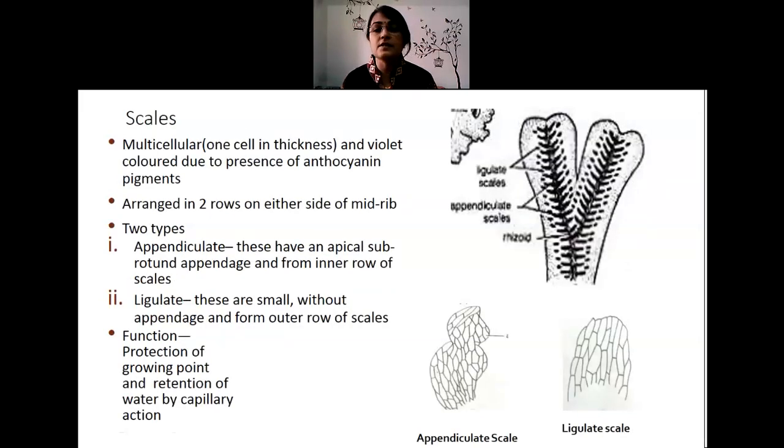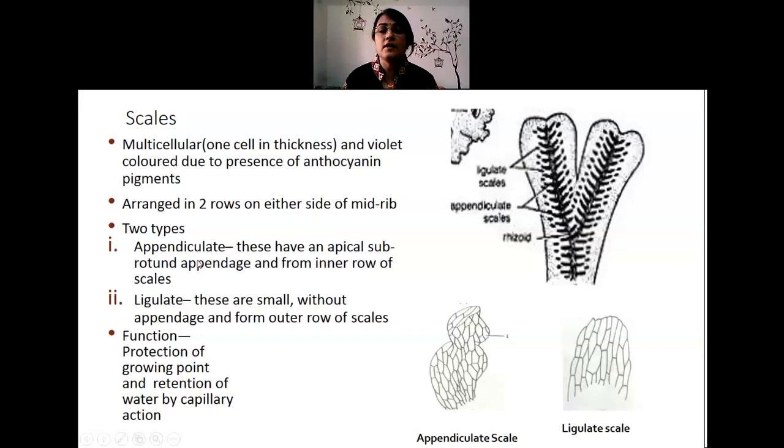The other appendages associated with the midrib region are the scales. These scales are multicellular, one cell in thickness, and violet in color due to the presence of anthocyanin pigments. They are arranged in two rows on either side of the ventral groove. There are two types of scales.